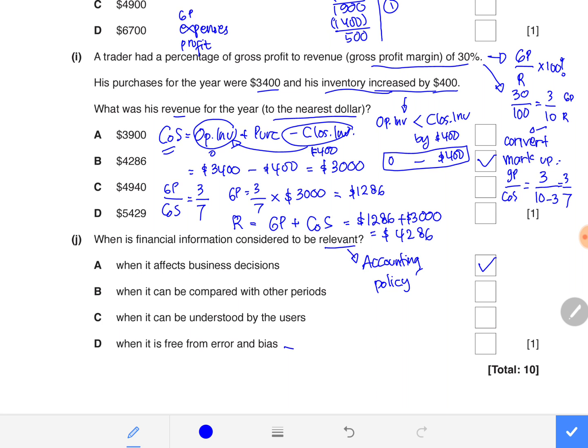And this one is reliability. This one goes for understandability. And this one is for comparability.